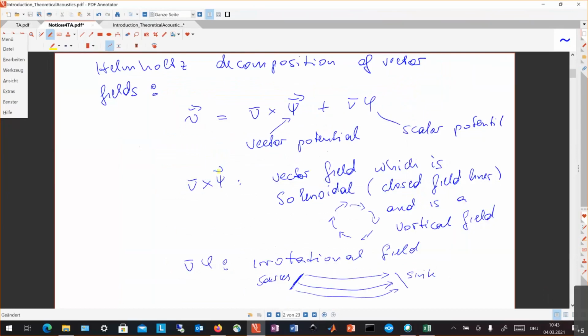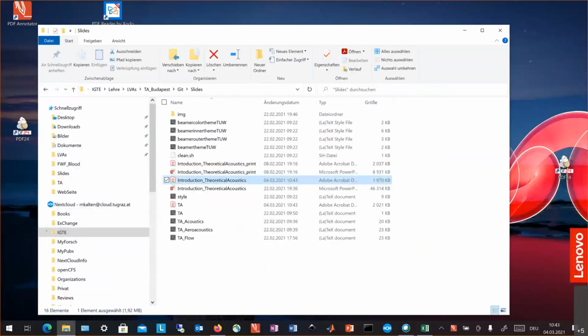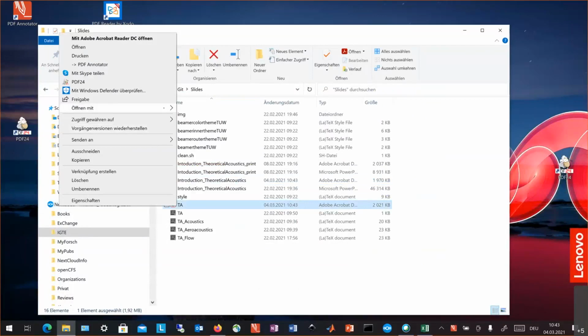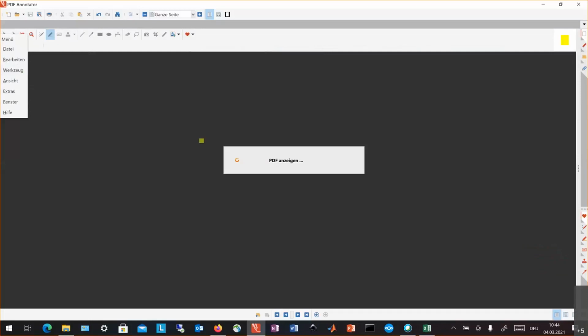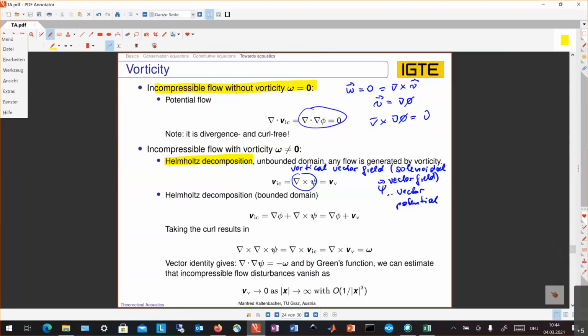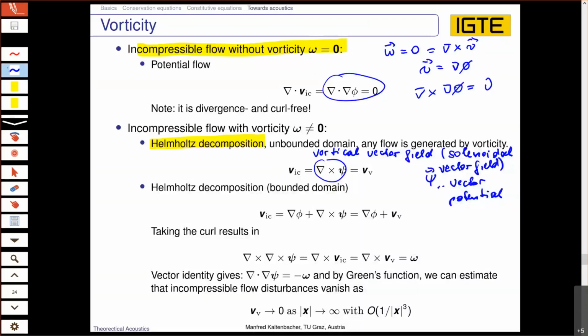Hopefully it is then working, the PDF. Yeah, very interesting. So that is really this.